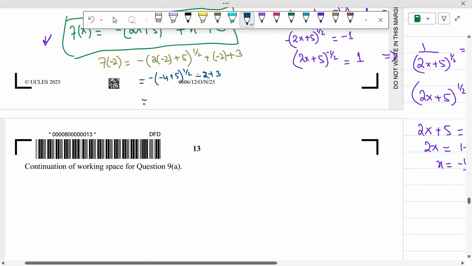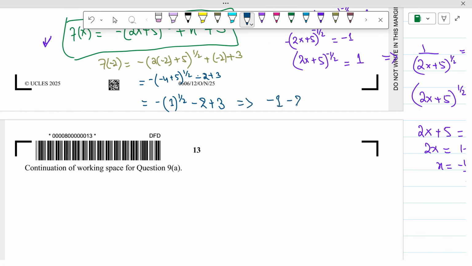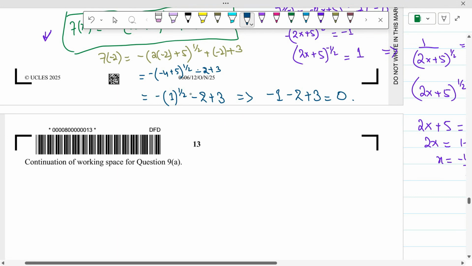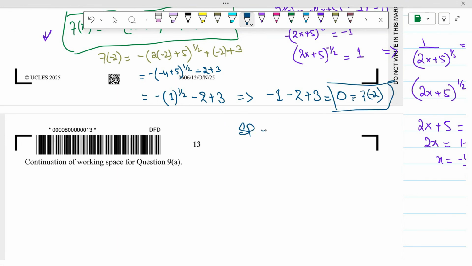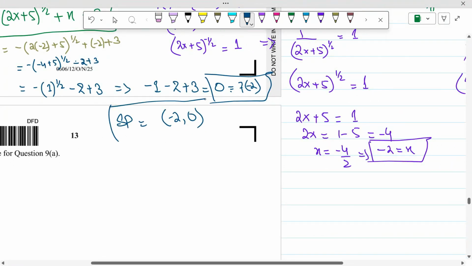So this is equal to negative 1 to the power of half minus 2 plus 3, so negative 1 minus 2 plus 3 equals 0. So we have the y coordinate, which is 0. So the stationary point is the x coordinate negative 2 and y coordinate 0. So this is the stationary point.